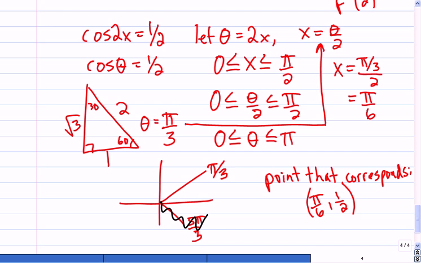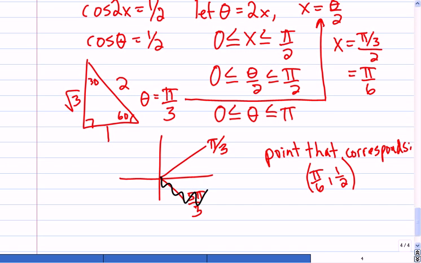I now have to find its derivative. That derivative is the reciprocal of the one I'm looking for. So the derivative, it's cosine 2x that I'm using, so it's going to be the negative sine of 2x times 2, because this is a chain rule question.